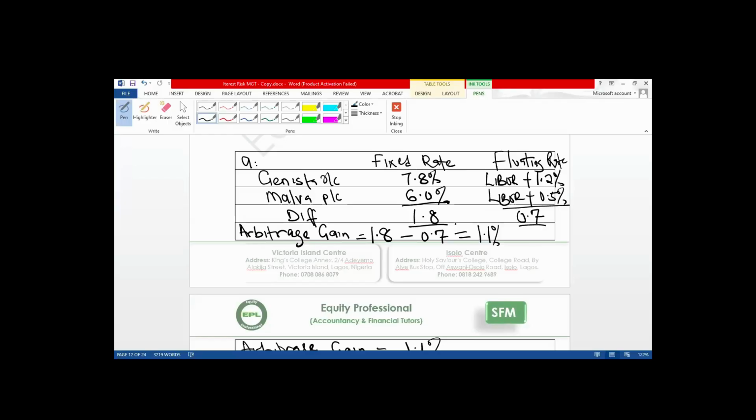Jenista will borrow at 7.8. Magda will borrow at 6.0. That means Magda has comparative advantage, better than Jenista. In this case, look at your design.